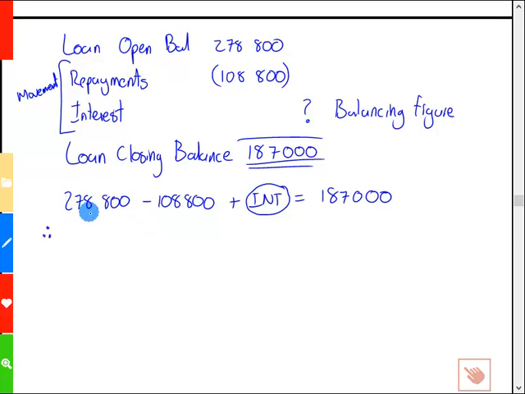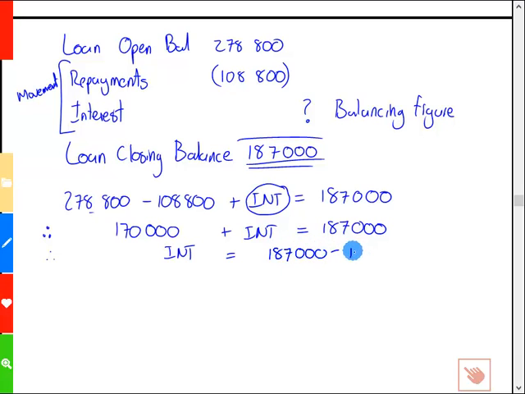If you take these two figures, you minus that one, you're going to get 170,000 plus the interest is equal to 187,000 minus 170,000 on both sides. Then we're going to get interest is equal to 187 minus 170,000, and therefore it's going to leave me with 17,000 Rand.